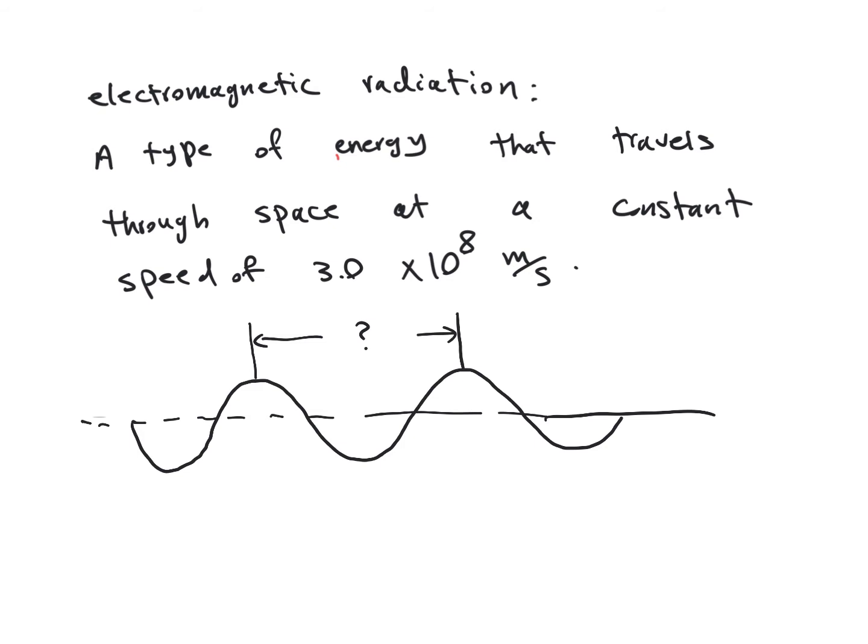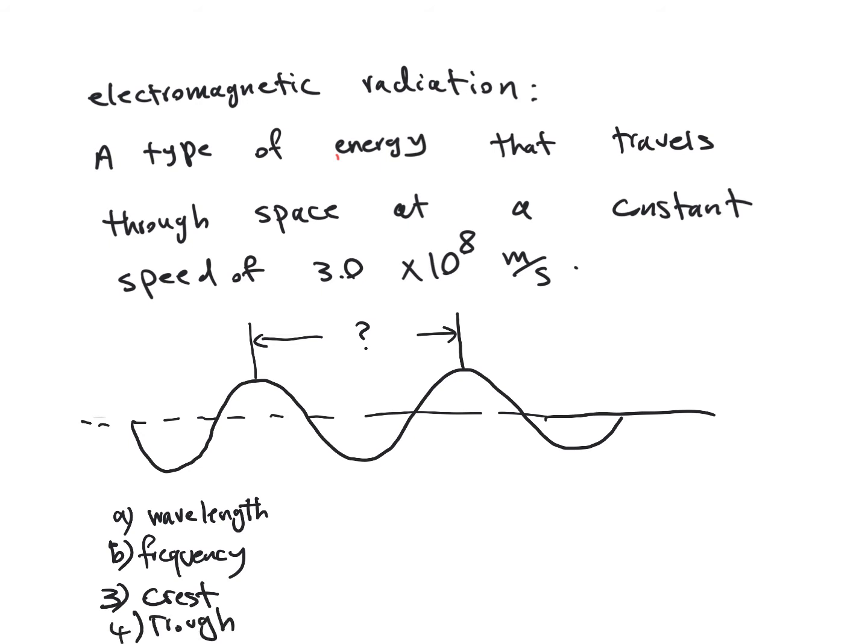What is it? Exactly. And then I tell you A is wavelength, or B is frequency, or crest, or trough. You see?